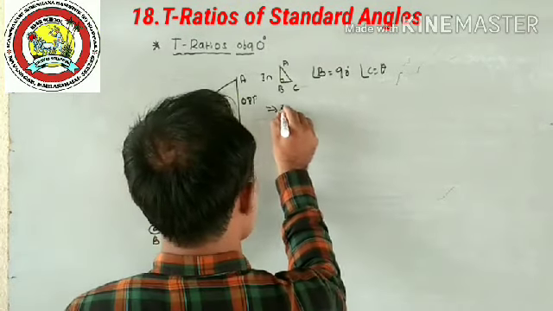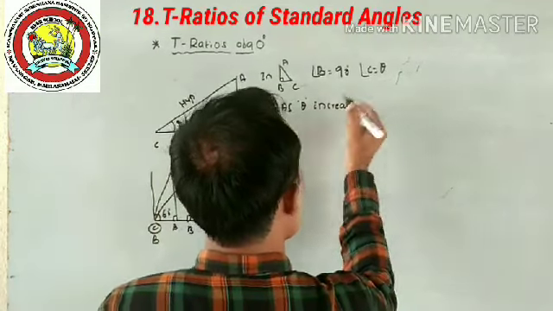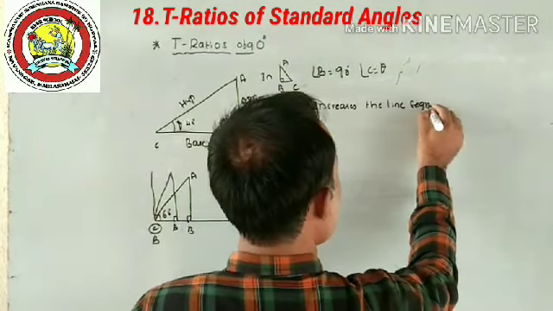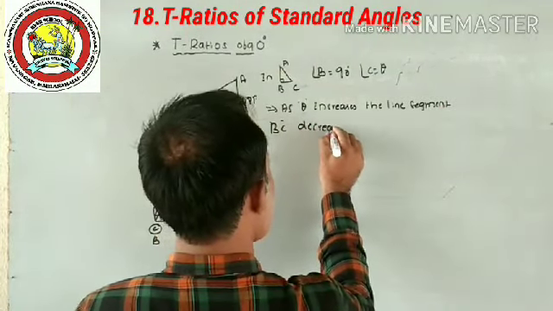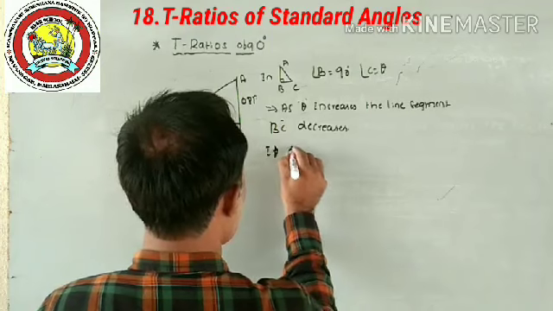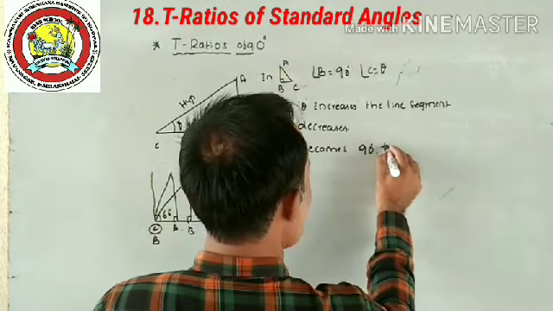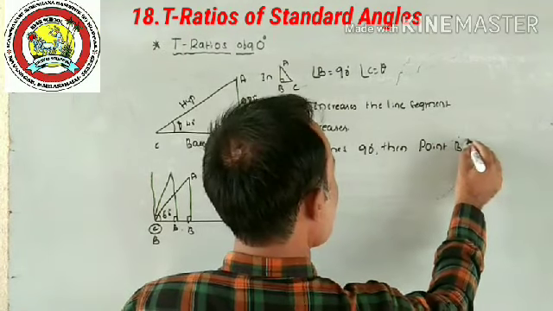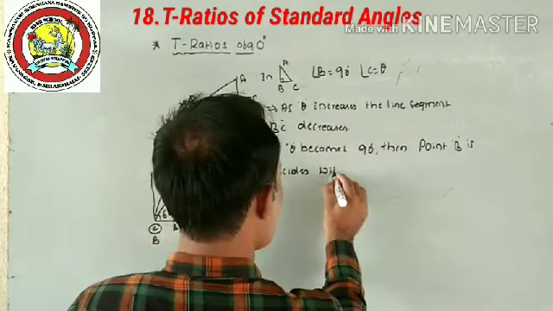Let's write down: as theta increases, the line segment BC decreases. If theta becomes 90 degree, then point B coincides with point C.